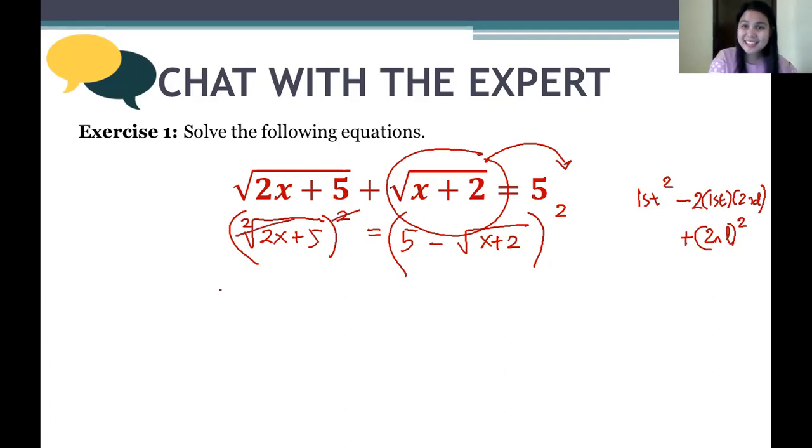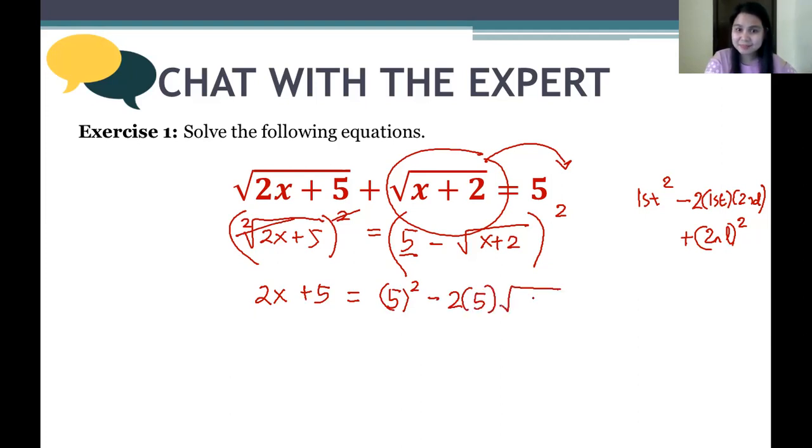Cancel the radical sign. We have 2x plus 5 equals. Let's start with our special products. Square the first. So 5 squared minus twice the first and the last, plus you square the last.